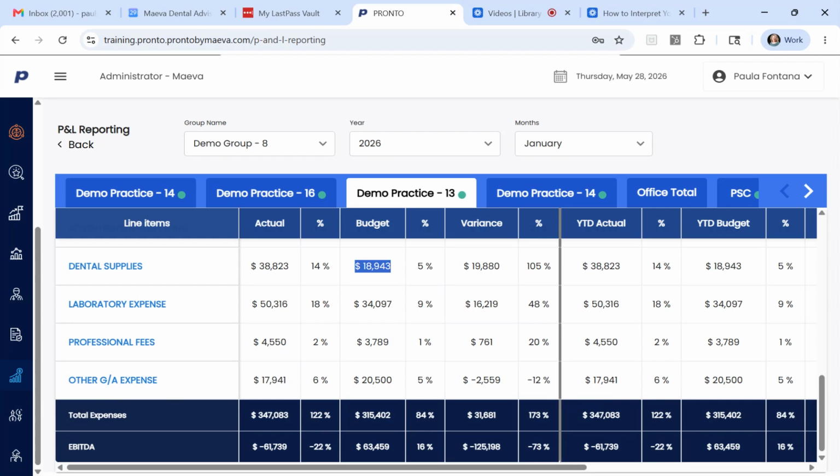What we want to be able to see is each of the practices achieving at least a 20% EBITDA. And if you're falling below that, or if you're in the negative, that means that you really need to take a hard look at your expenses versus your revenue and what you're going to do about that.